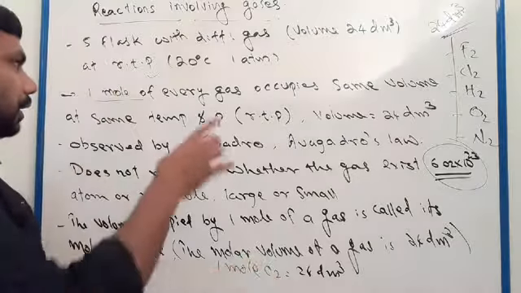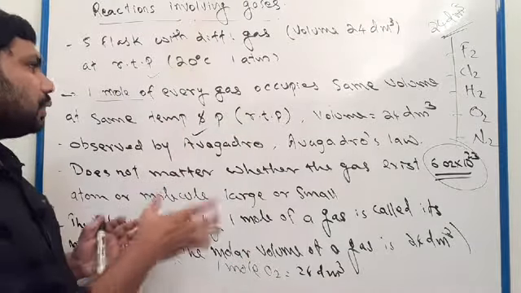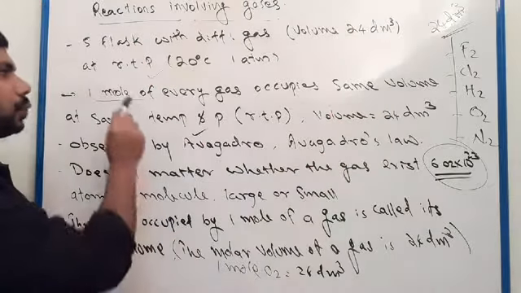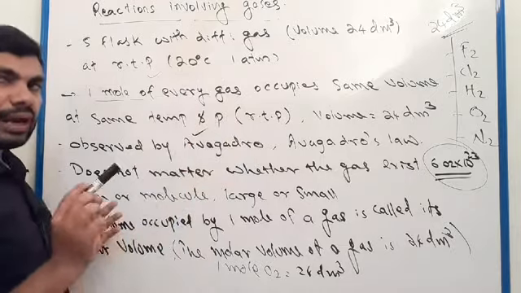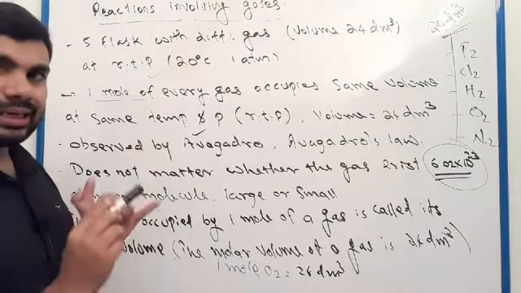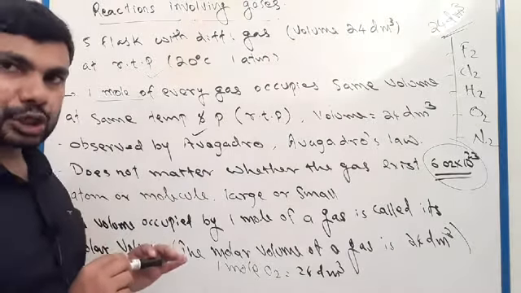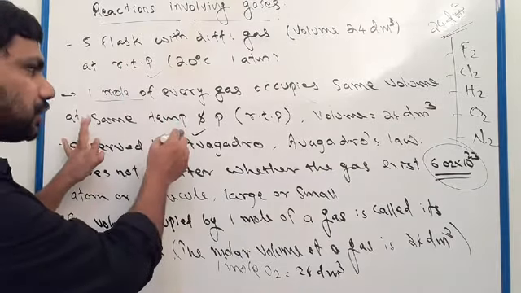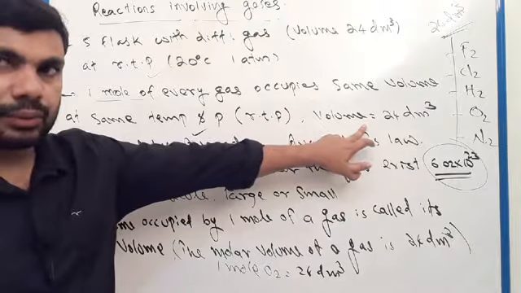Same thing, 1 mole of every gas at the same temperature and pressure, 20 degrees Celsius and 1 atmospheric pressure, will have a volume of 24 decimeter cube.